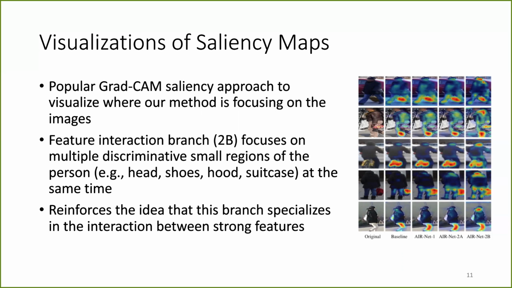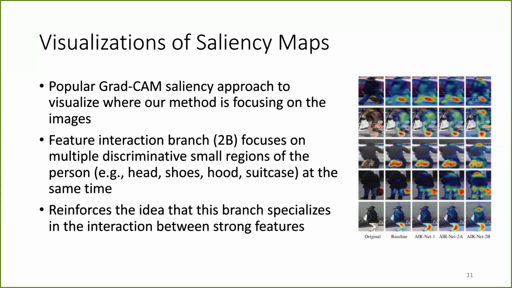And so we have 2 branches. AirNet 1 is the first branch, which is the appearance branch. And AirNet 2 is the interaction branch. And of course, we have 2A and 2B, where 2A is the global pooling feature representation, and 2B is the one that uses the attention-based pooling. What we see in this is that in the case of the interaction branch, which is AirNet 2B, it tends to focus on multiple discriminative small regions.